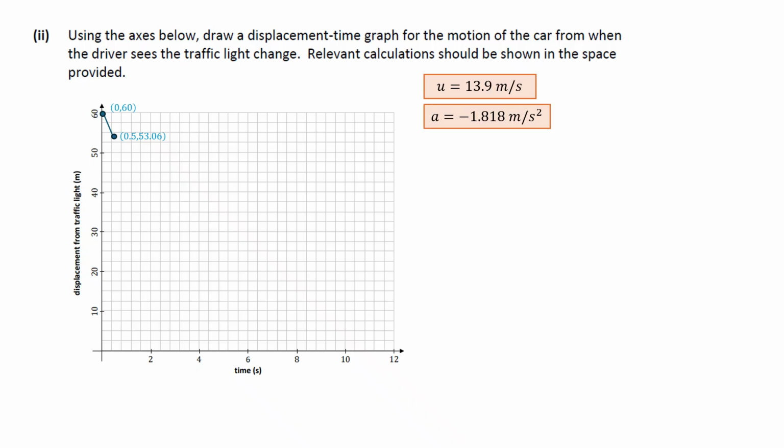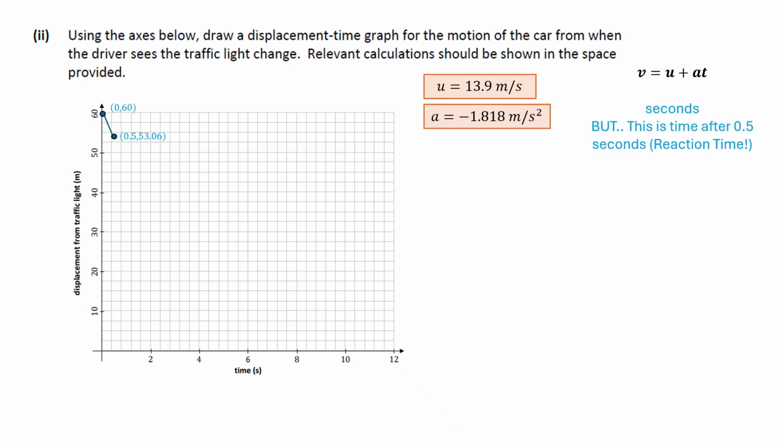So we have worked out in the previous question the deceleration to get it to stop, but we didn't work out the time. So let's work with v equals u plus at. Again, our v is 0 because we want to stop. u is 13.9. We now know our acceleration is minus 1.818, and we want to work out our time.